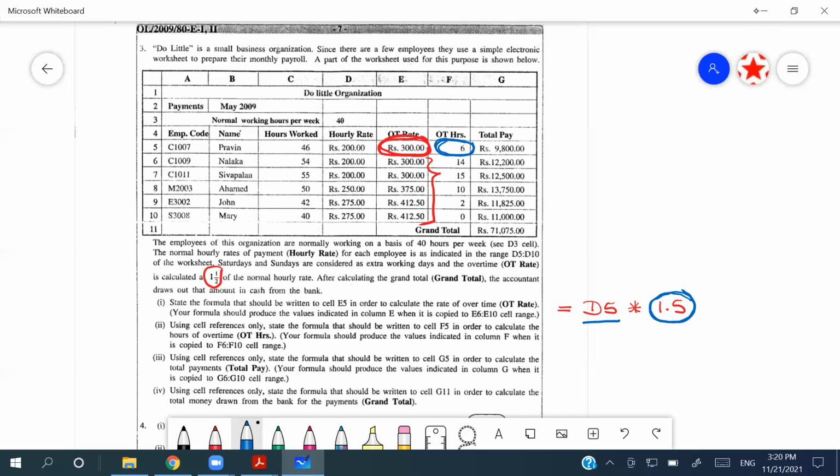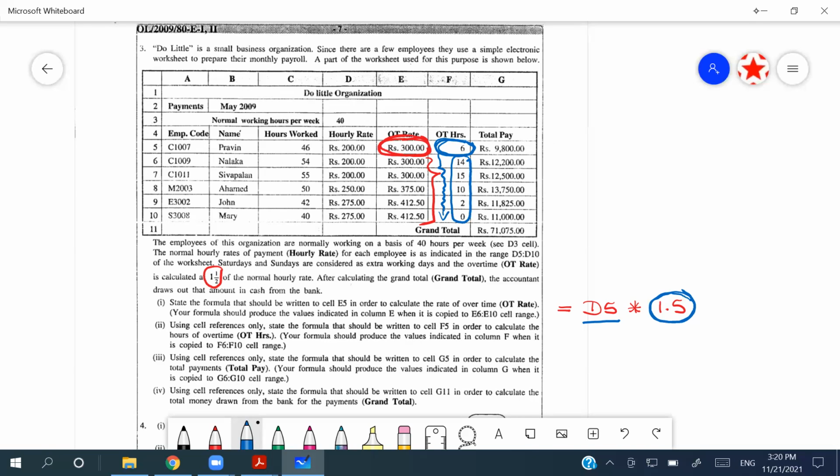So I have to calculate this. And again, it says your formula should produce the value indicated in column F when it is copied from F6 to F10. So these should happen once this is copied downwards here.